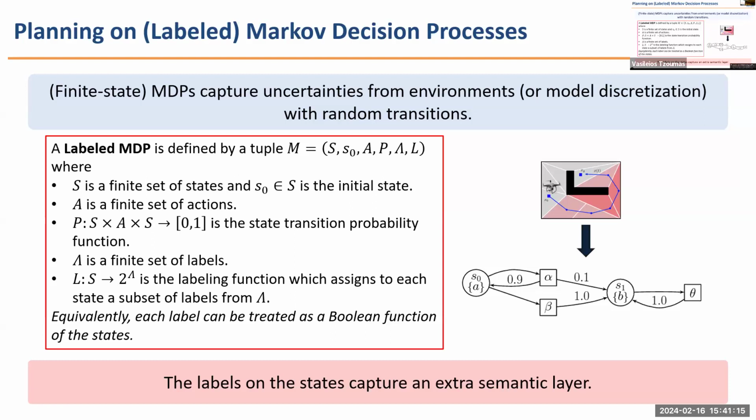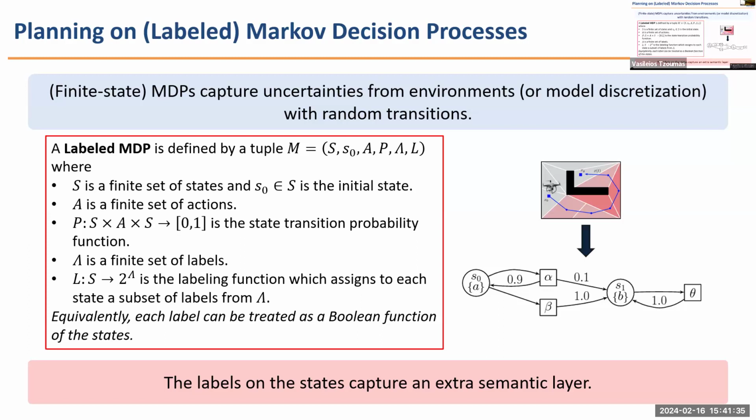Okay, so why do we want the probability transition here? There are many possible sources of transitions, right? There might be natural randomness in your sensing, actuation, or in your dynamics that causes the randomness, or the randomness may be used during the model discretization method.